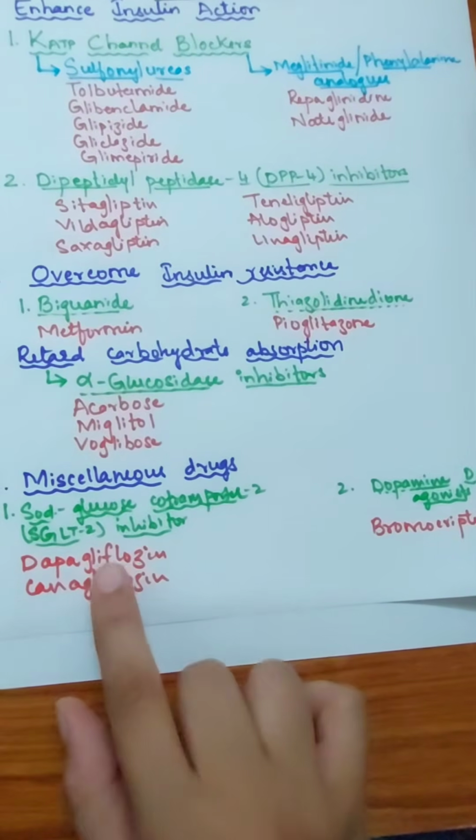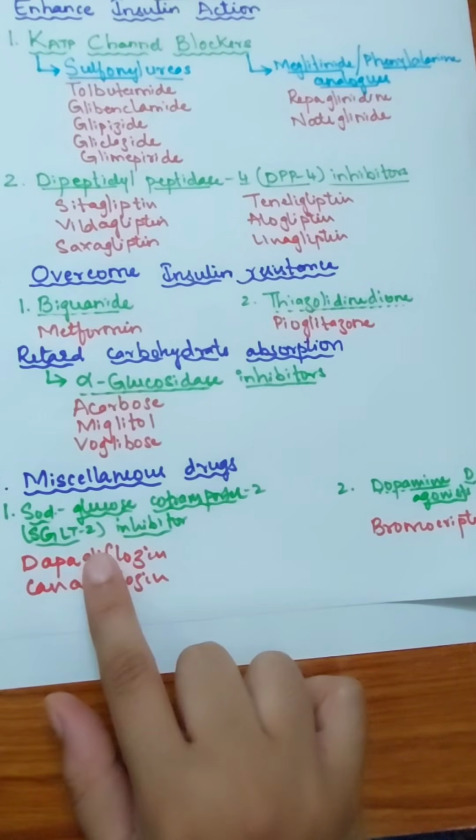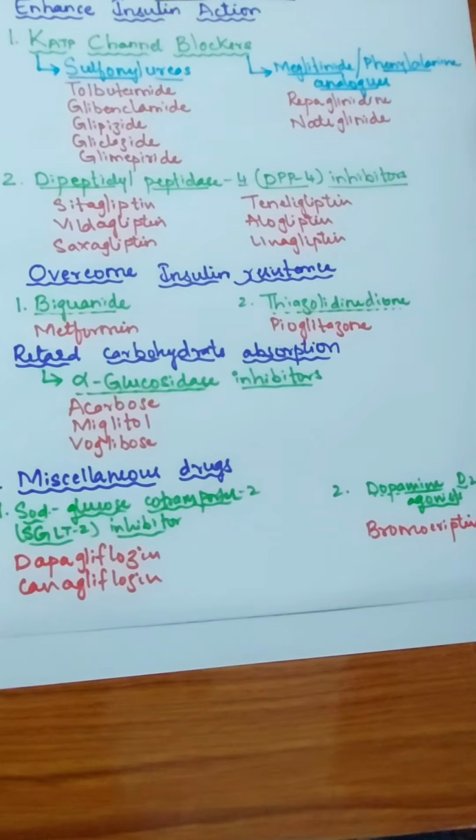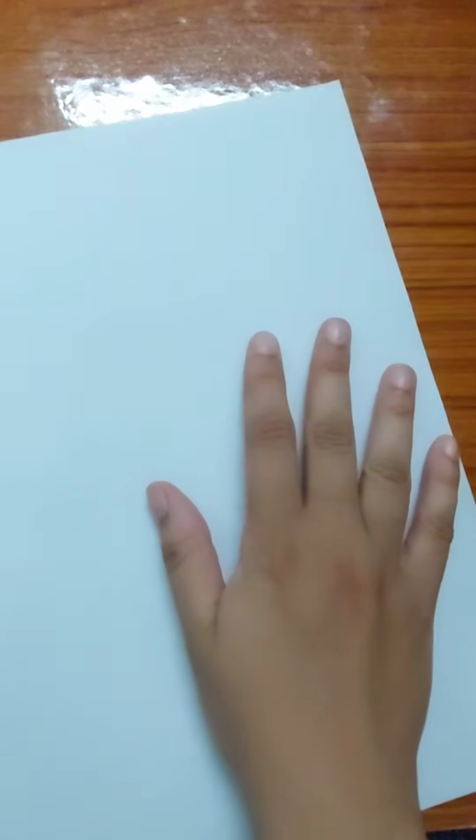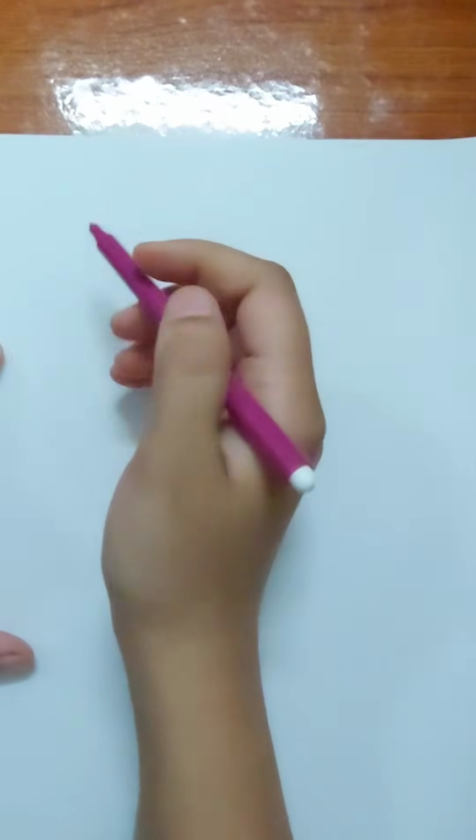So we shall check out where exactly this transporter is present and what will happen when we inhibit this transporter. For this you need to know about the nephron, which is present in our kidneys.